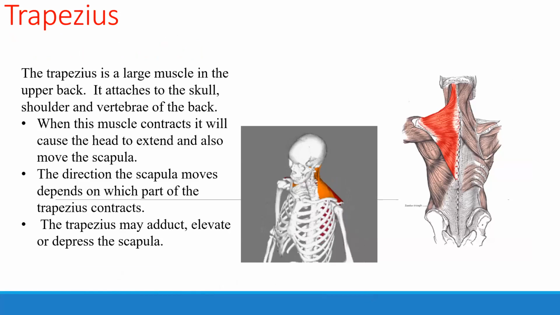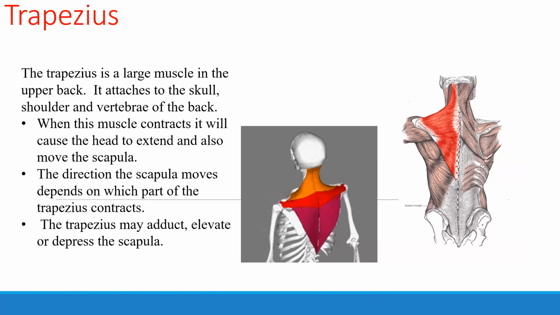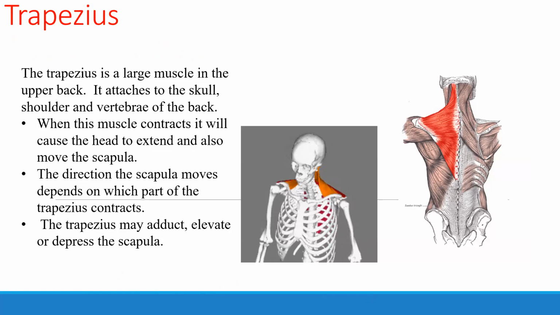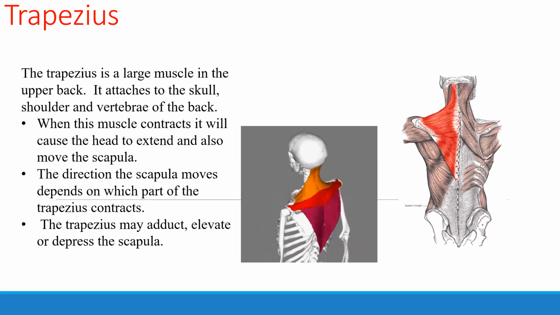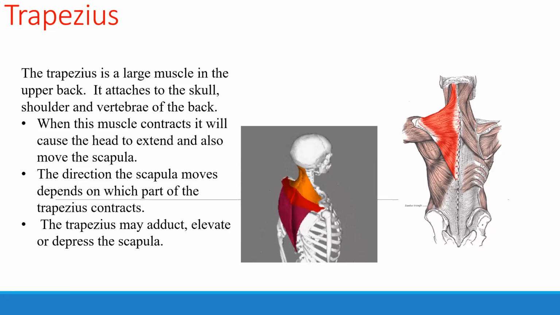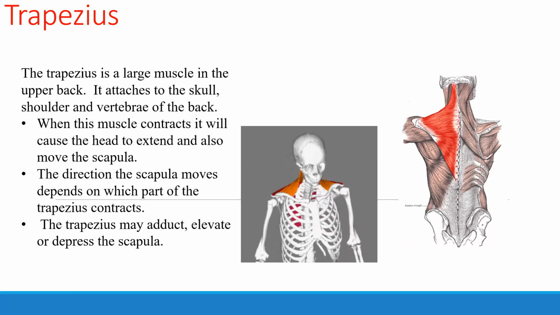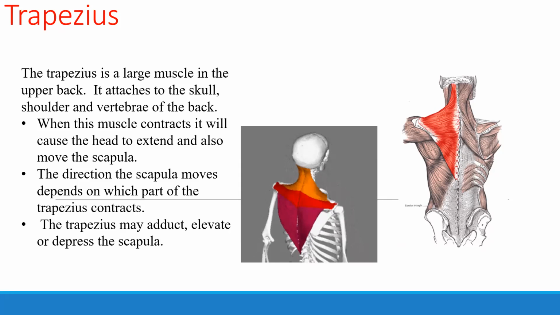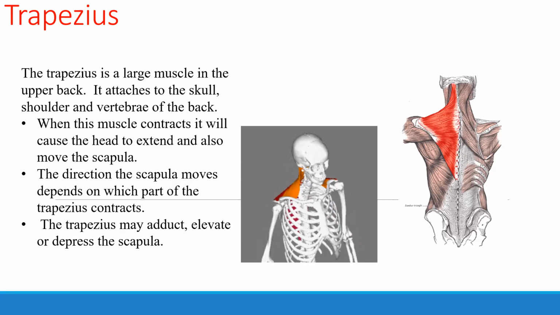The trapezius, the large muscle of the upper neck, upper back, causes us to raise our head, to move our scapula. The trapezius, besides elevating our head, allows us to turn our head, to lay our head over from one side to another.